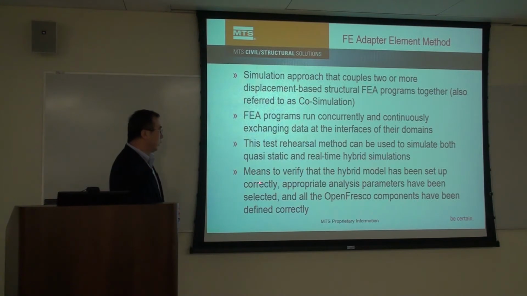So this is an OpenFresco based co-simulation method, and it makes sure the hybrid test is set up properly, correctly, and stably. After that you have confidence in your setup, and then you can turn on the hydraulic.